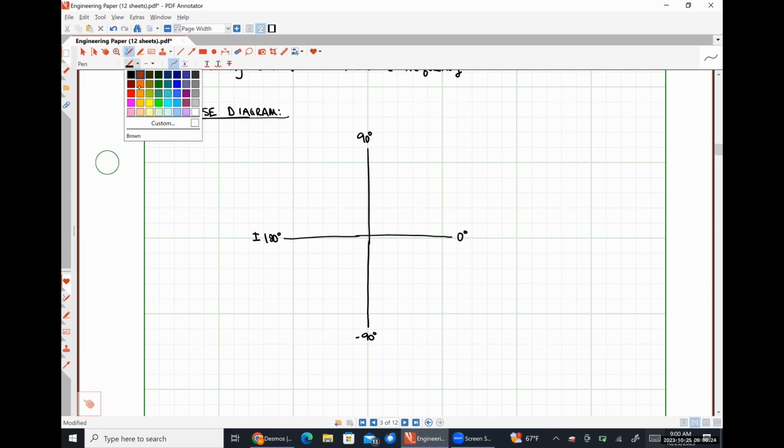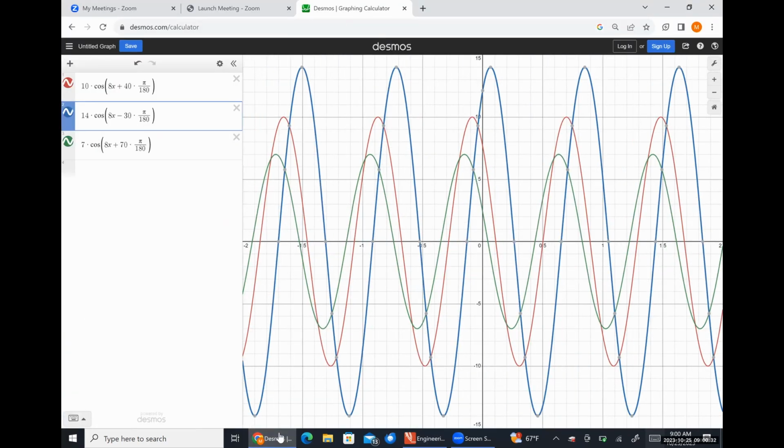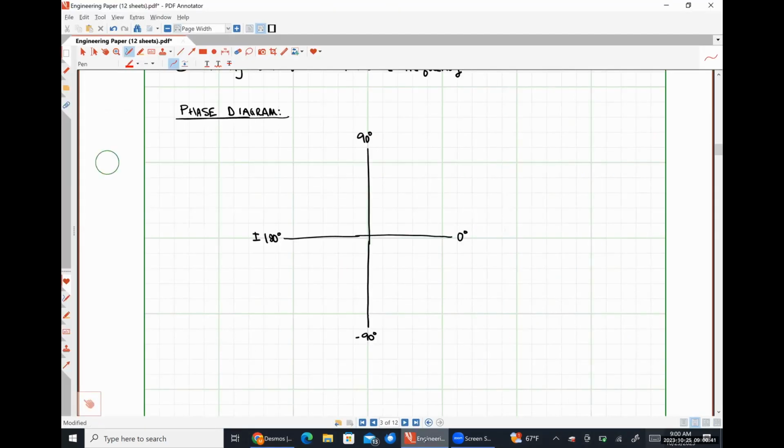So my signal in red was 10 cosine 8t plus 40 degrees. So I'm going to represent that on my phase diagram by going out 8 units and then rotating up to 40 degrees.